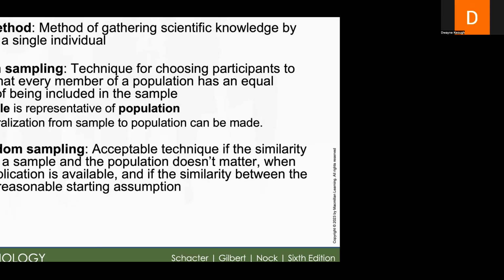Sometimes we have to use non-random sampling because we want to make sure that if we can get some people to participate, it would be great. And maybe we can't use a random technique. So if we want to find people just for the sake of convenience, we can execute a non-random sample just because it allows us, when samples in a population don't really matter, to get people to participate in the study.